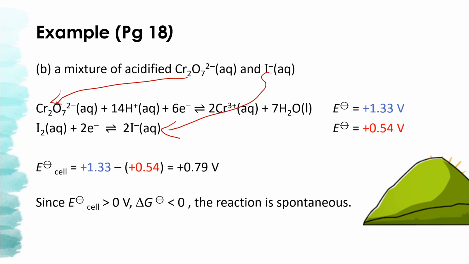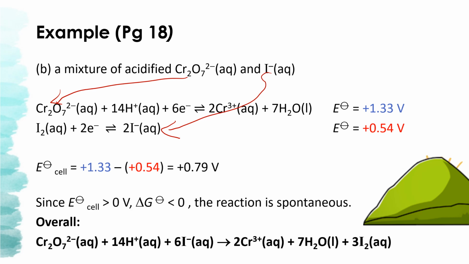Yes, so the redox reaction is spontaneous, and I hope that you can write the overall redox equation, because this one needs the LCM. What's the LCM for 6 and 2? It's 6. So this one needs to be times 3, then this one becomes 6, and this one becomes 6. Then you can cancel the 6 electrons and form the overall redox equation.